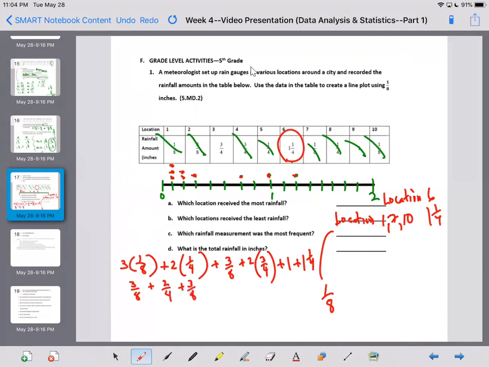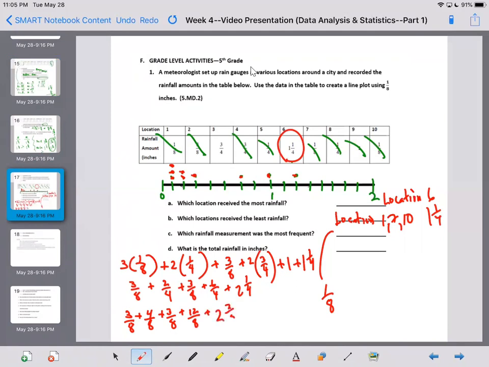And this would be 6/4 plus 2 and a 4th. And we could just make everything 8s here, so we would have 3/8 and 4/8 and another 3/8, and then that would be 12/8, and then this would be 2 and 2/8.